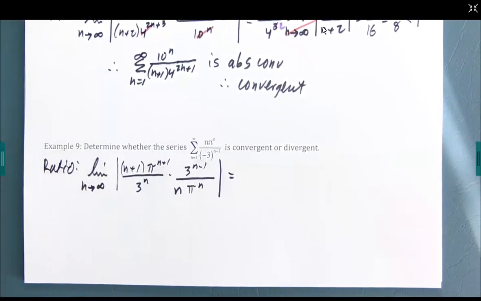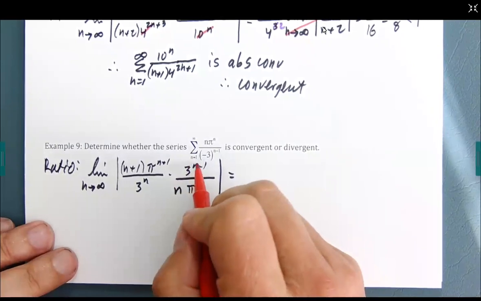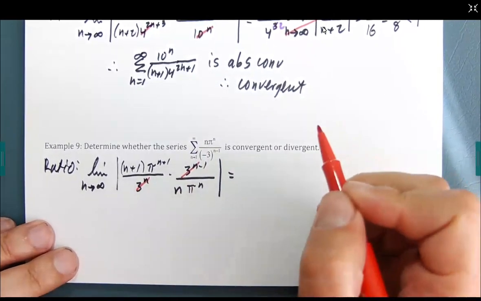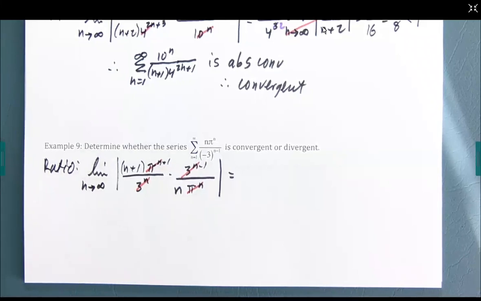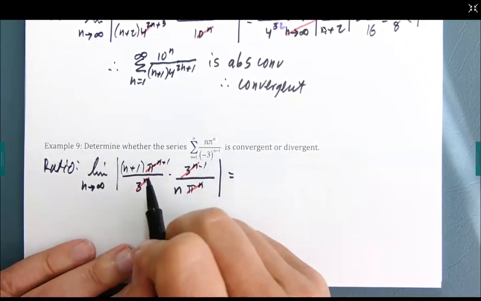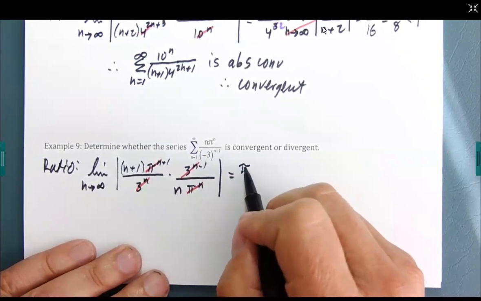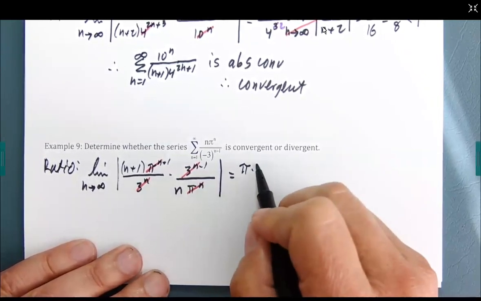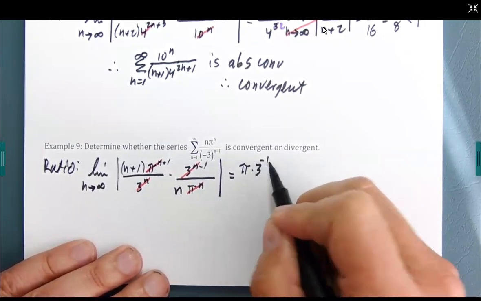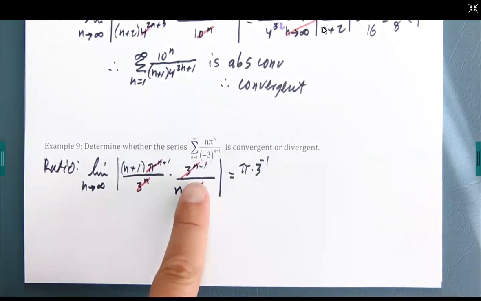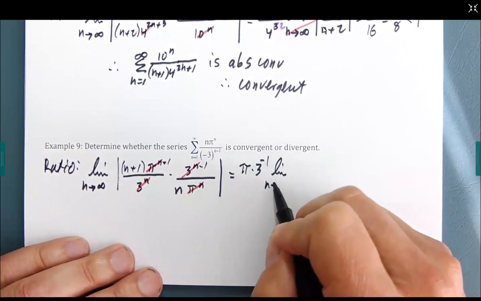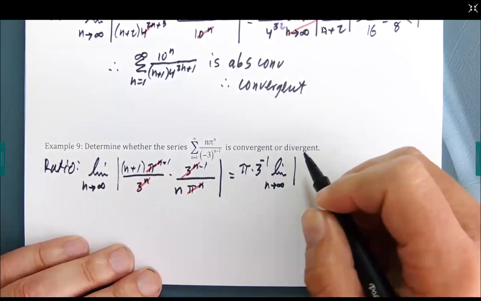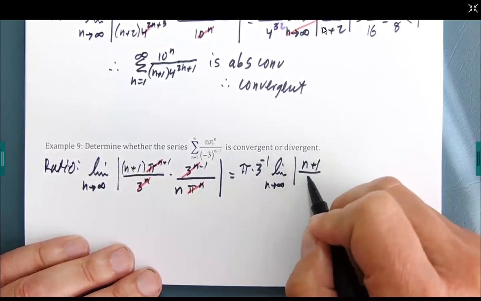Now, what we're going to notice here is that the 3 to the n is gone, and the pi to the n is also gone. Now, that means that I'm left with a pi, let's pull that out, times 3 to the negative 1 power is what that means there. Then we have absolute value of n plus 1 over n.